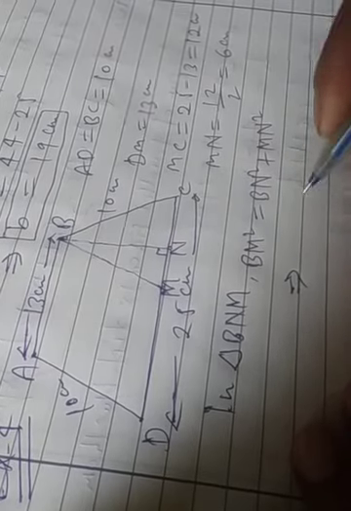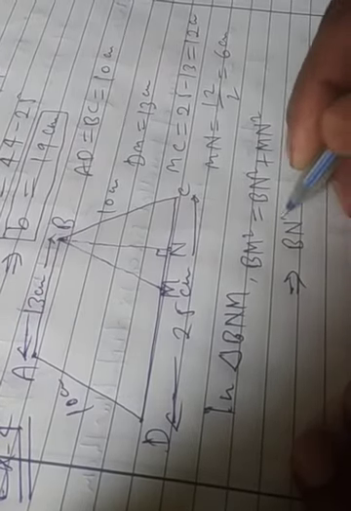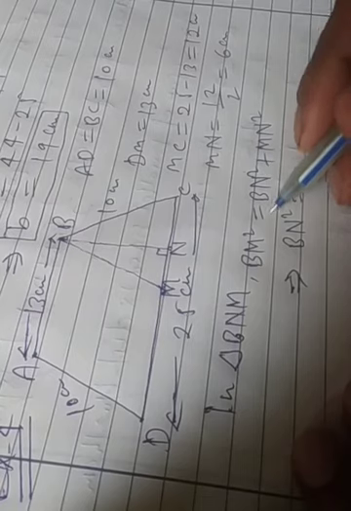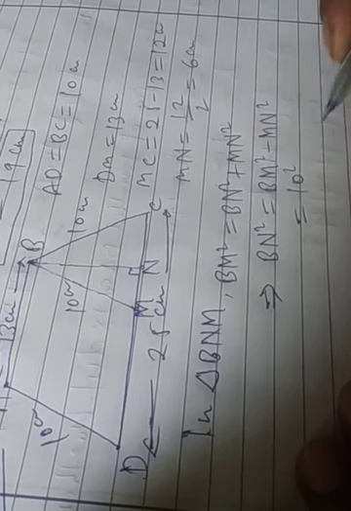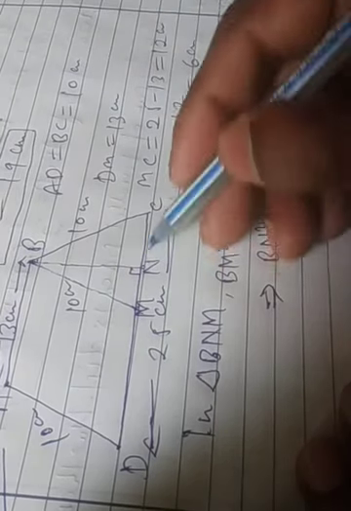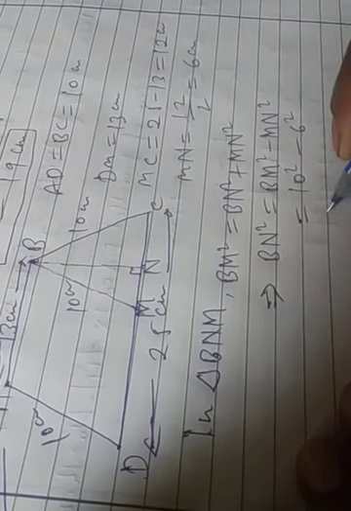And from here, BN square will be BM square minus MN square. Now putting the values of BM and MN. BM is 10 centimeter, so this is 10 square, and minus MN is 6, so 6 square.